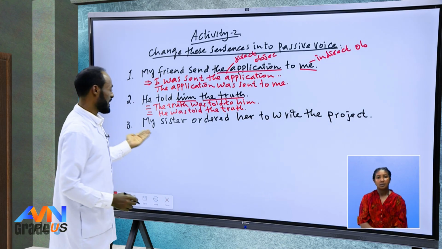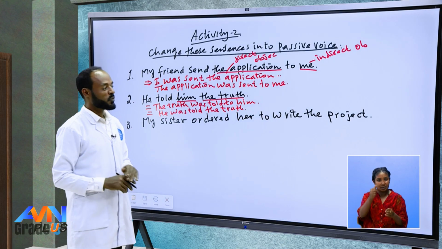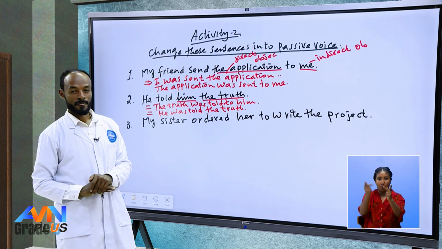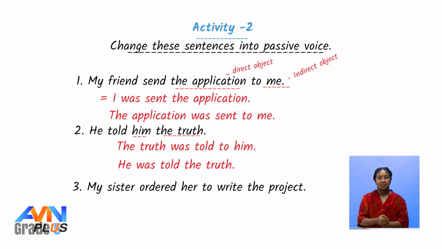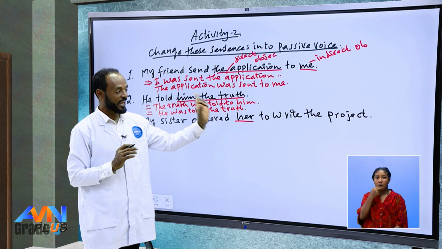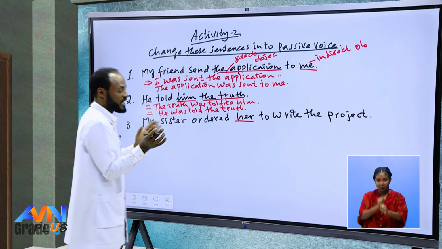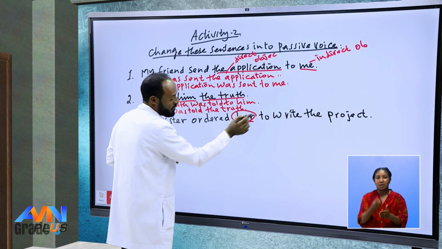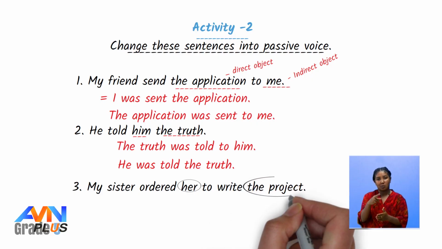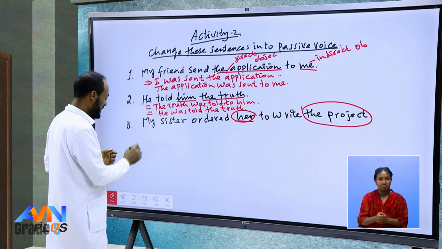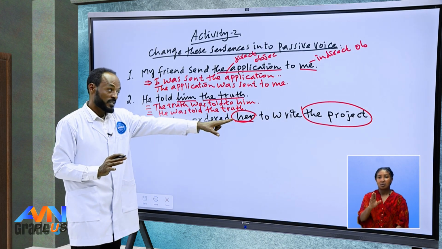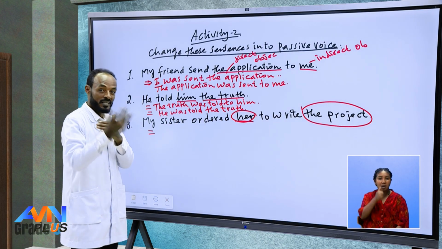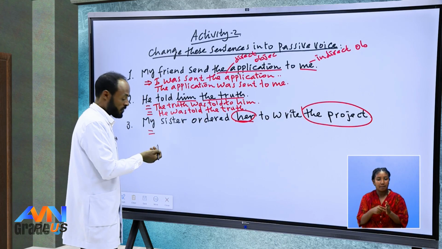What about the last one? My sister ordered her to write the project. Is it clear? So we can start from her or the project. Can we start from here? We cannot say her, because when we say her, this means objective case.